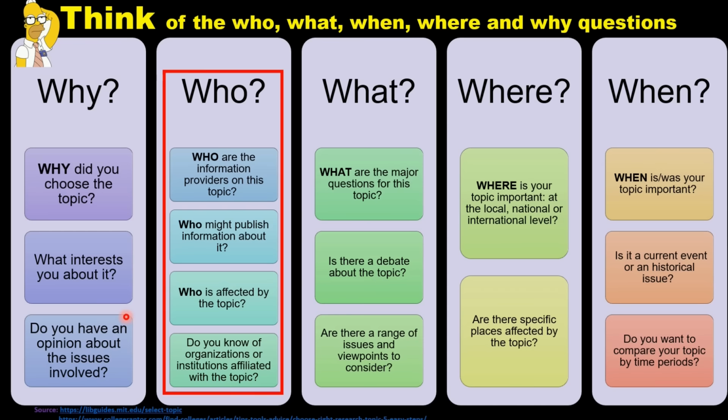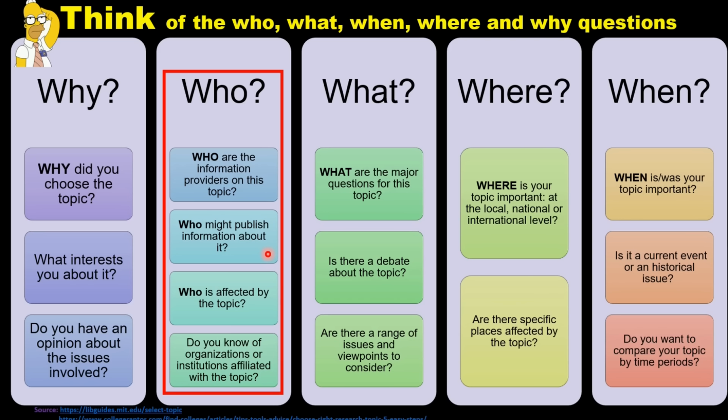Next, a researcher needs to think about who he or she can get information from about this topic, who might publish information, and who is affected by the topic or who will benefit from this research.